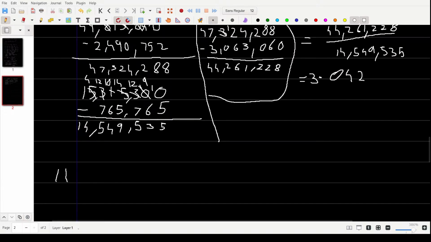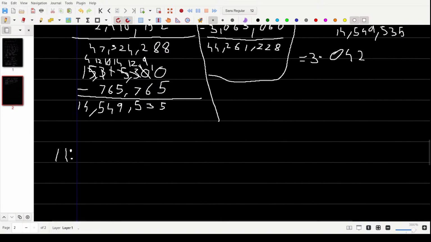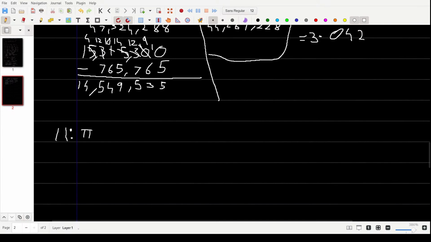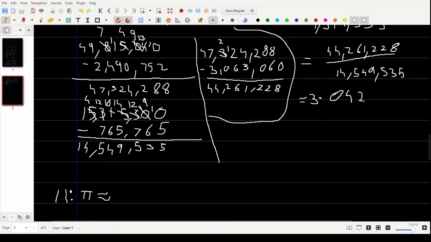So 11. But just because this approximation is not super good at getting there quickly. So there's 44 million 2 6 1 2 2 8 over 14,549,535.